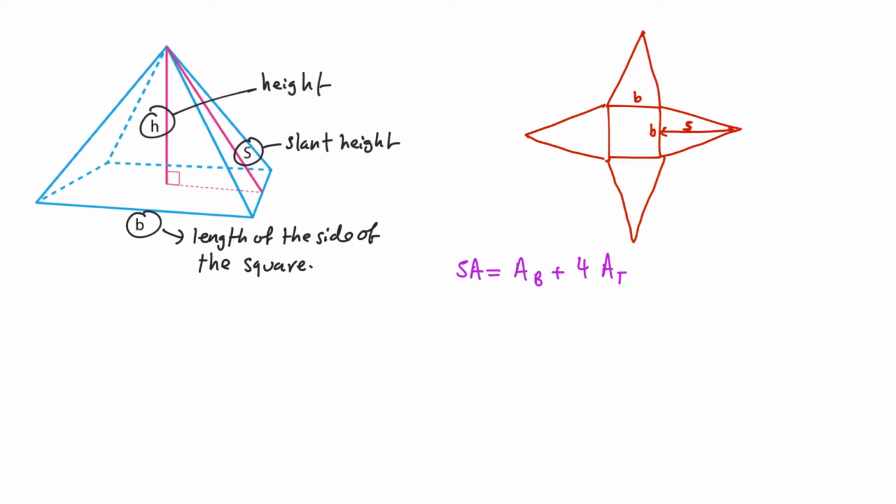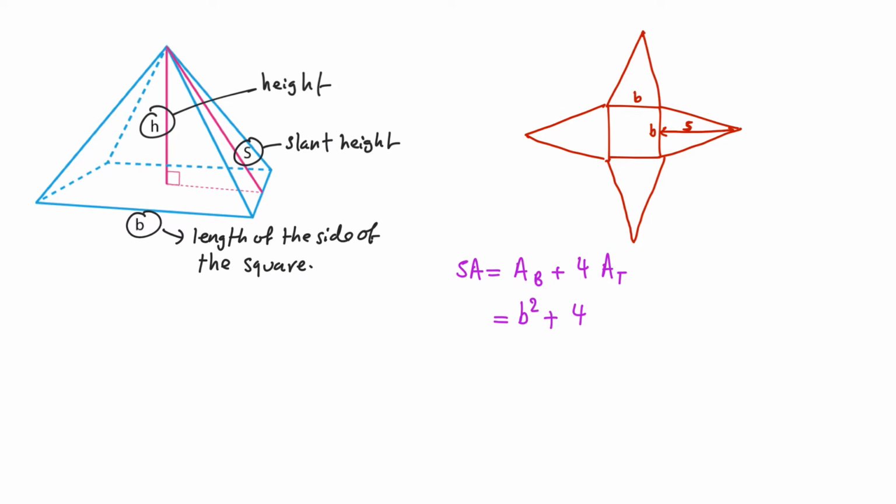The base is a square, so its area would be b times b, which is b squared. And the triangle's area is always base times height divided by 2. Its base value is b, and its height is the slant height.